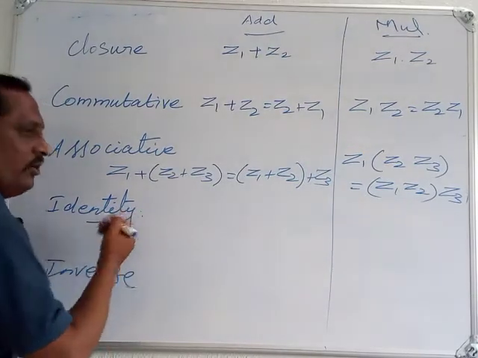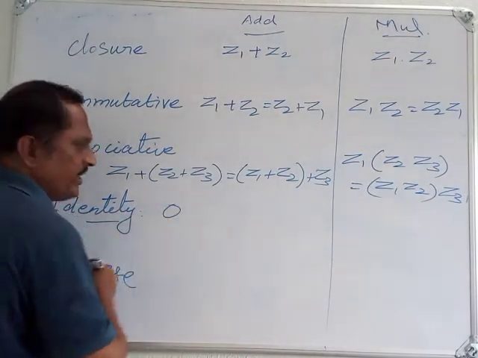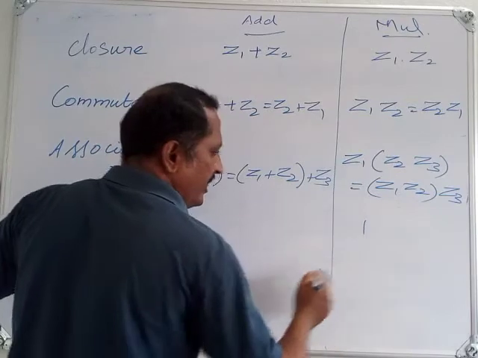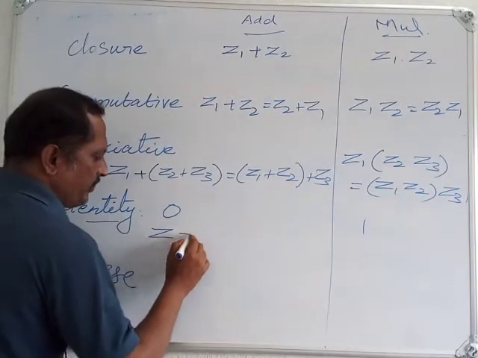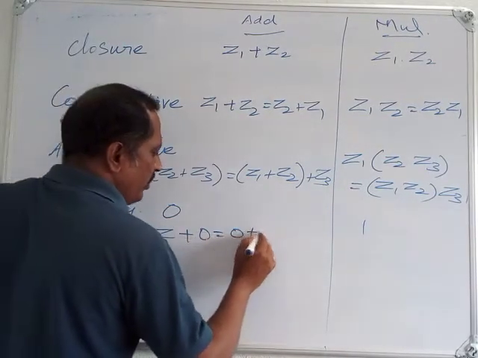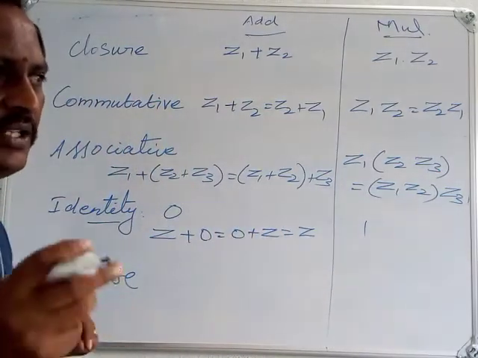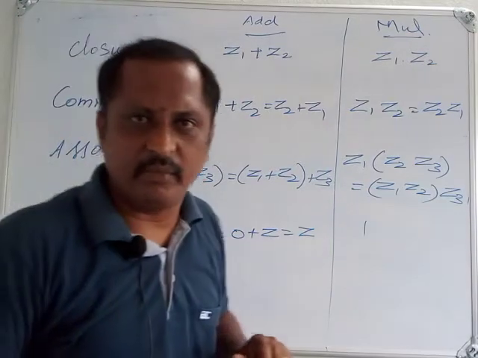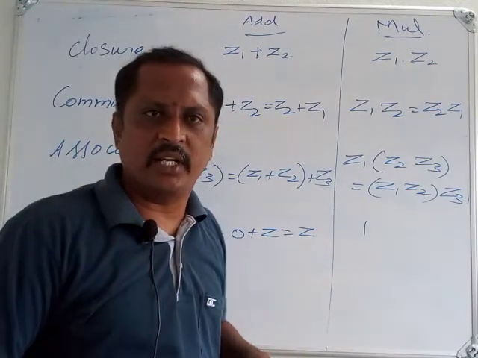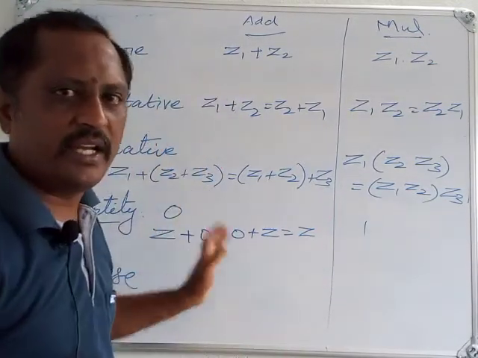Identity, you know the identity. Additive identity is 0, multiplicative identity is 1. It is z plus 0 or 0 plus z na, we get the same complex number. So adding 0 to the given complex number, we get the same complex number. This is called additive identity.